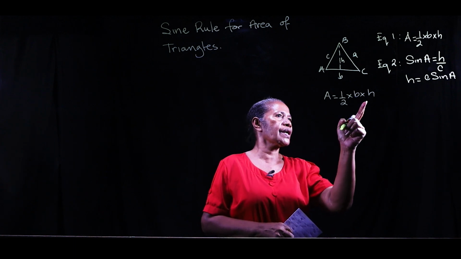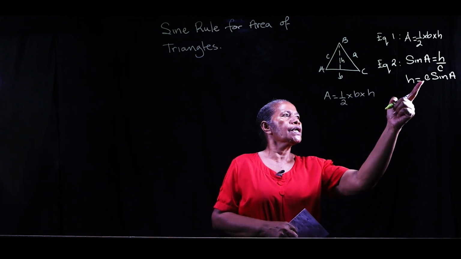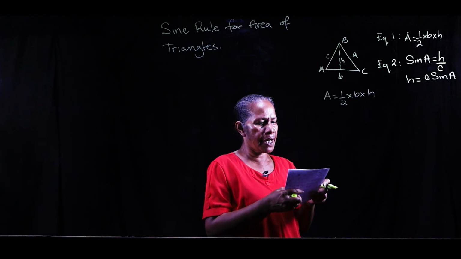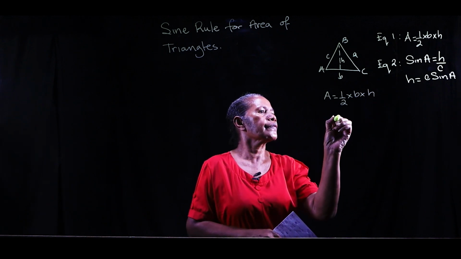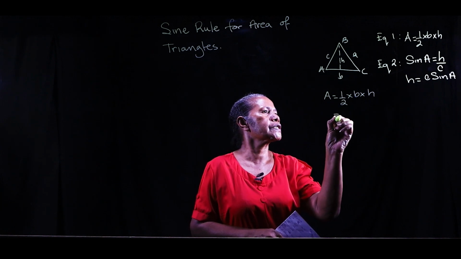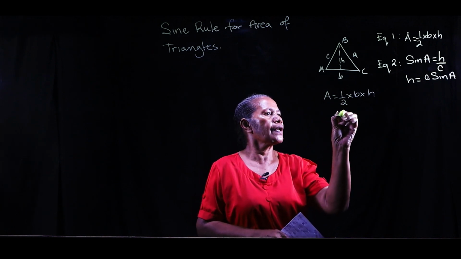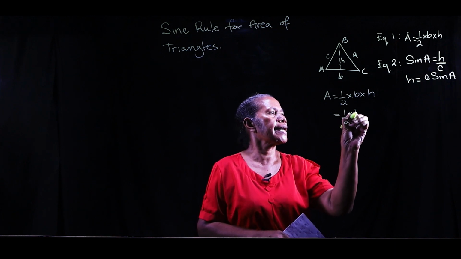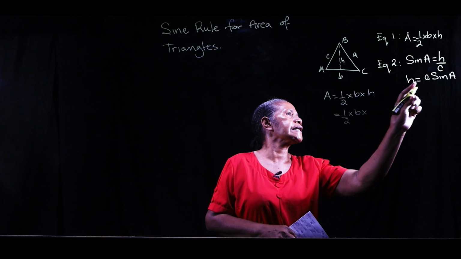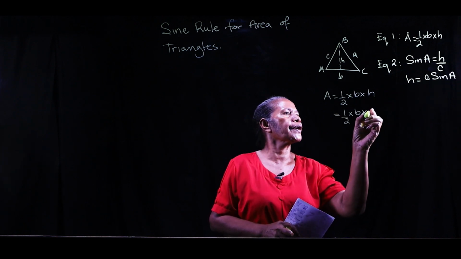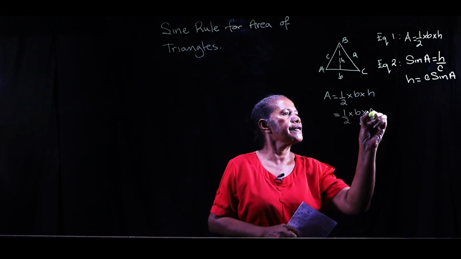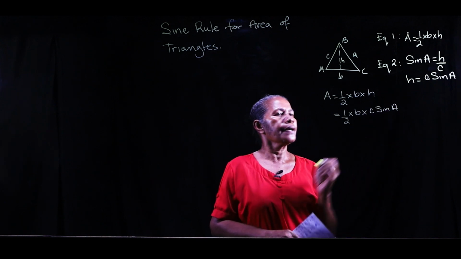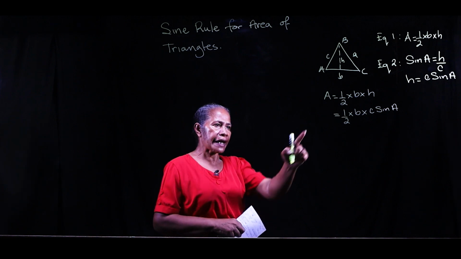We substitute this into this, so area is equal to half times base times the height, which is c sine A. So that will be the area formula.